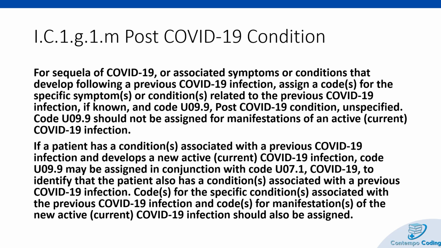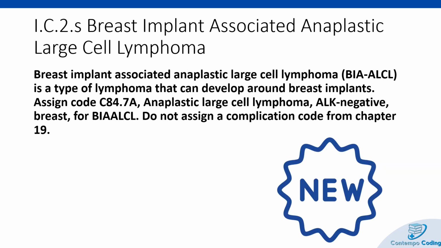Codes for the specific conditions associated with the previous COVID-19 infection and codes for manifestation of the new and active COVID-19 infection should also be assigned. So if they're having a current COVID-19 diagnosis and they still have manifestations from their previous one, we can assign both those codes.